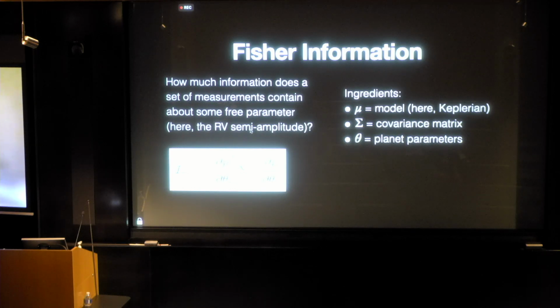This is the equation for the Fisher information. And mu is the model. So for us, that's the Keplerian. Theta is the vector of planet parameters. So for us, it's the radial velocity semi-amplitude, the period of the planet, and the central transit crossing time. And then finally, big sigma is the covariance matrix, and that captures the parameters around the stellar noise. And we're going to see that later.